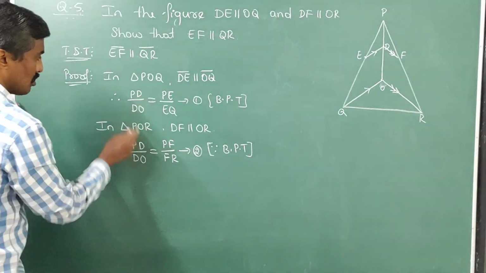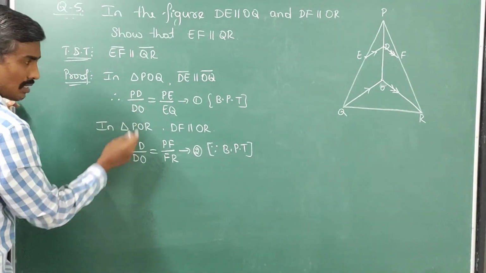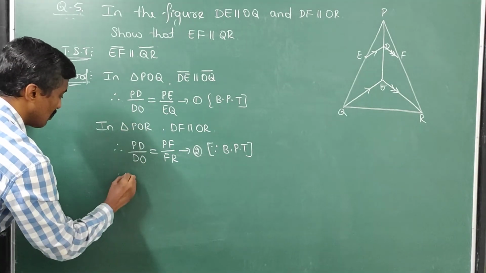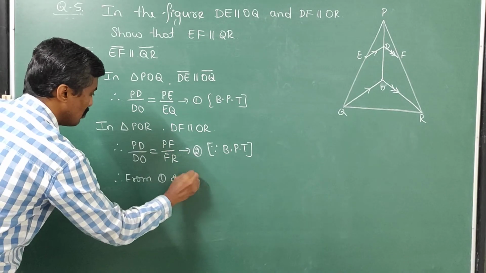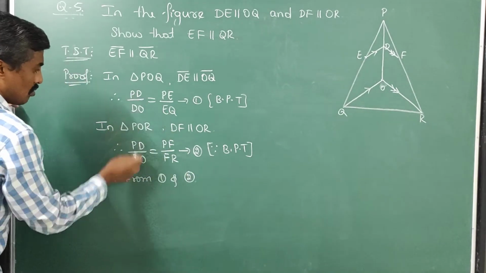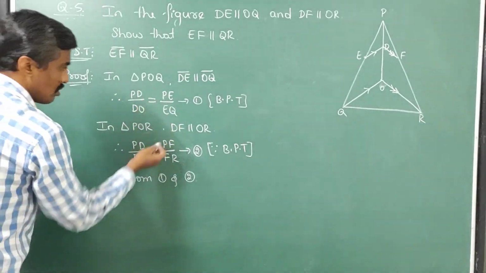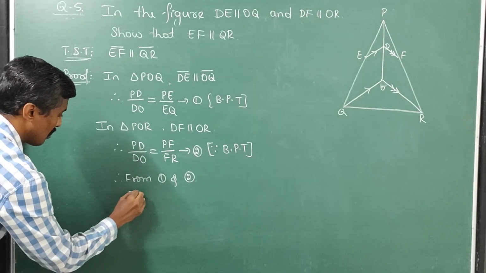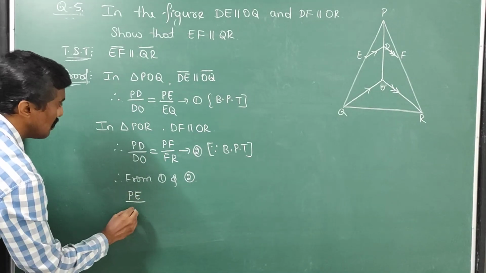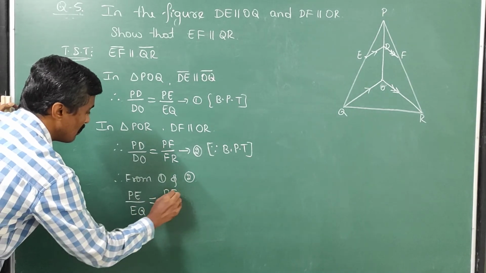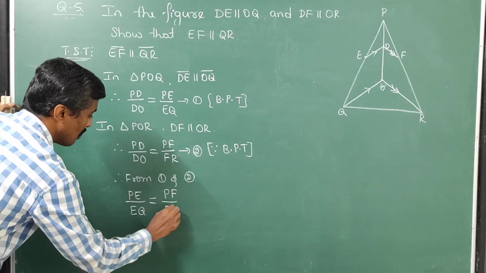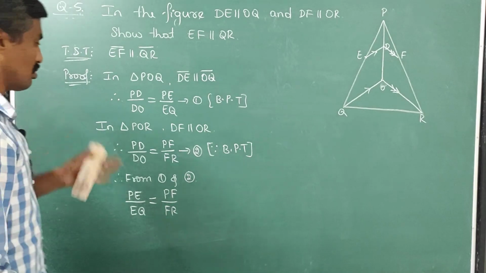Observe the equations. Left hand sides are equal now, correct? So I can write from 1 and 2: things which are equal to the same thing are equal to one another. That is one of the axioms. Therefore I can write PE divided by EQ is equal to PF divided by FR. Go through the figure now.